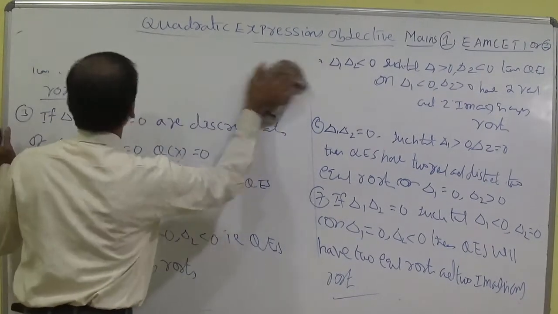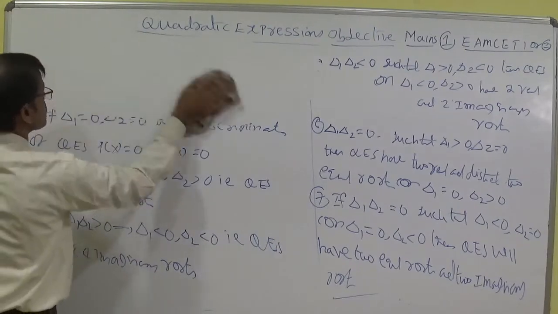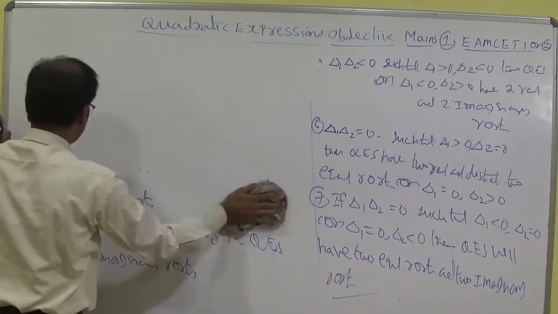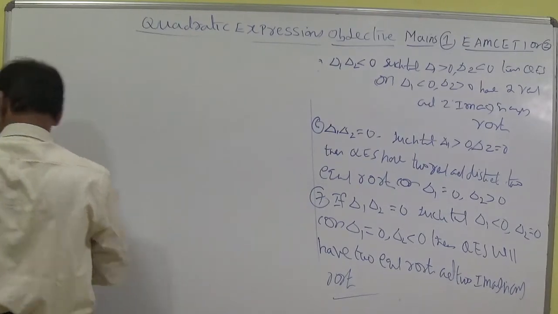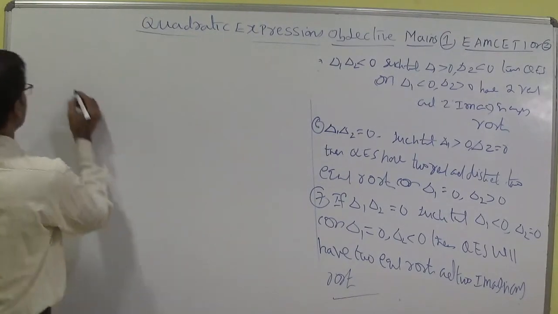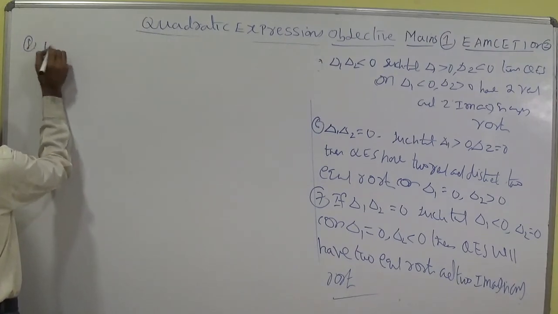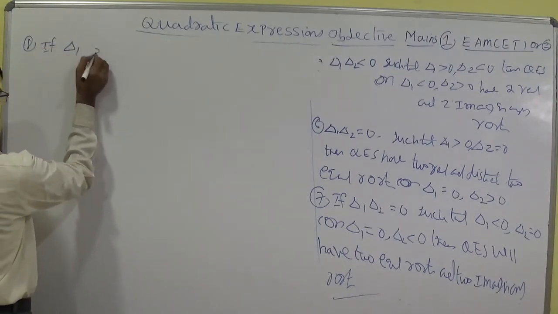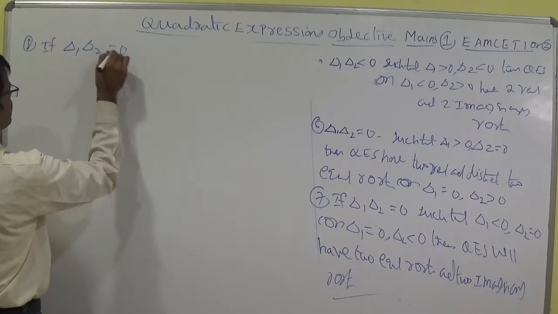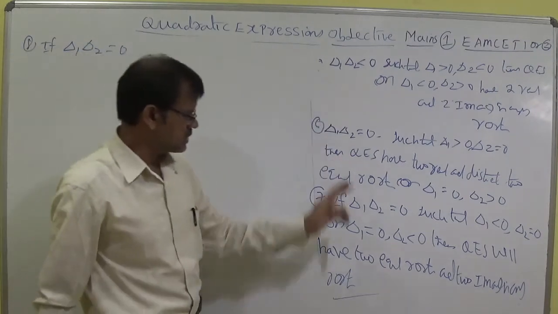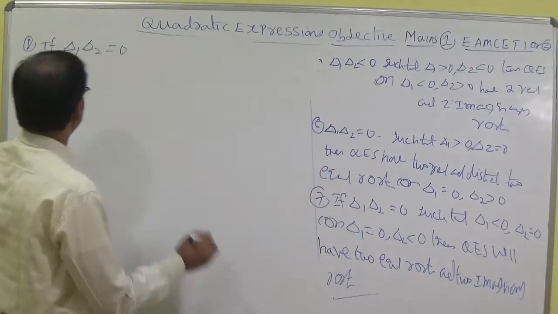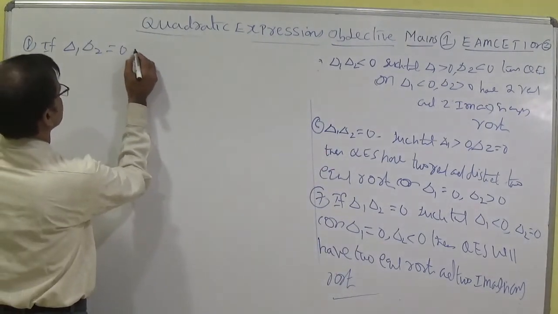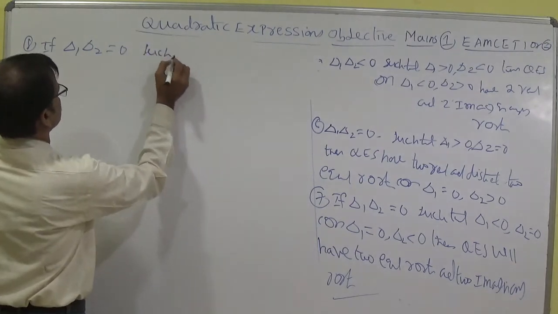Next, the eighth point also depends upon the delta 1 delta 2 concept. If delta 1 into delta 2 equal to 0, the two cases were written and explained earlier.